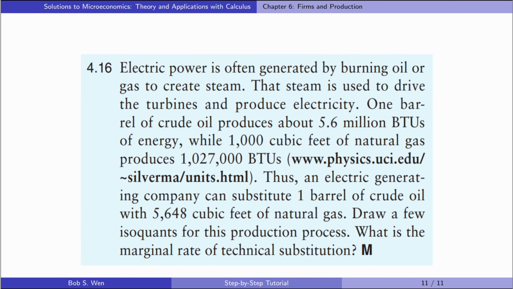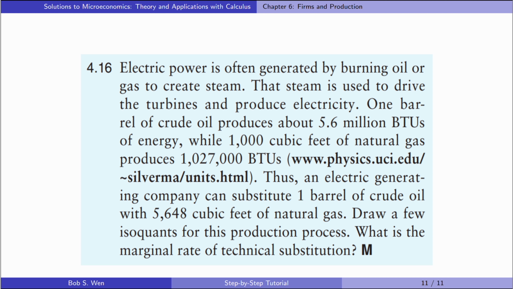Let's finish exercise 4.16. Electric power is often generated by burning oil or gas to create steam. That steam is used to drive the turbines and produce electricity. 1 barrel of crude oil produces about 5.6 million BTUs of energy, while 1,000 cubic feet of natural gas produces about 1 million BTUs.